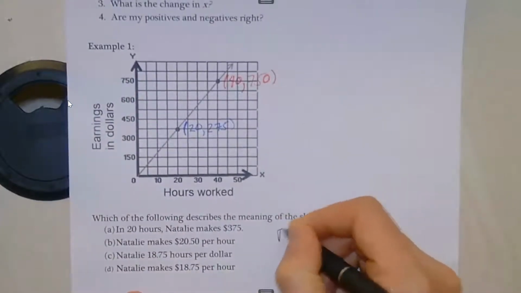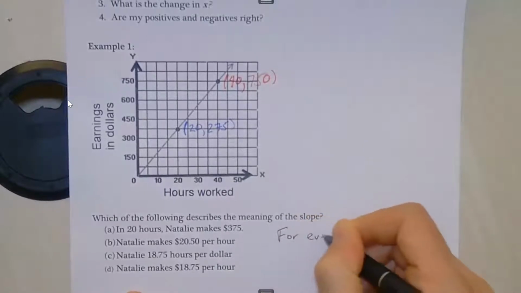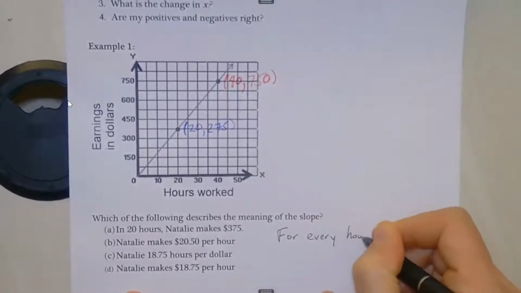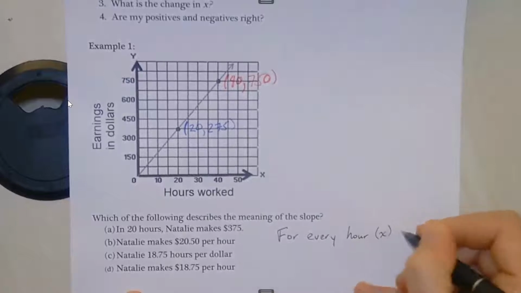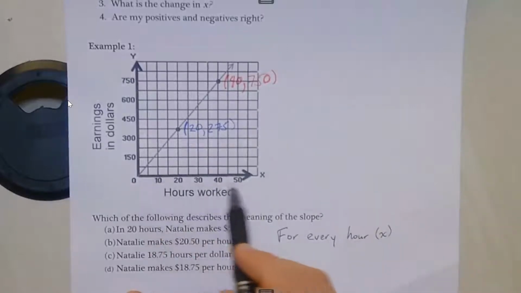So in this case, it is for every hour, because x represents the numbers of hours worked.